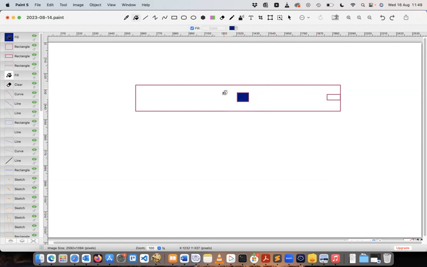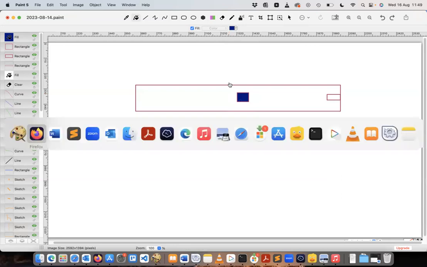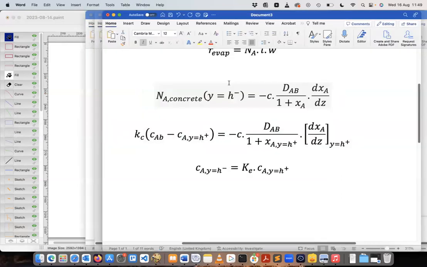And because it's a canal, we expect that in this direction, it's small in comparison with this distance. So we would take it to mean that it's well enough mixed in this direction. And also in terms of the height, right? So we can think about the height as well. But we are going to assume it's well mixed in the cross section here, and that it's just in the one dimension that things are changing. So we'll write a balance between Z and Z plus delta Z. And there we would use the same development that we had.